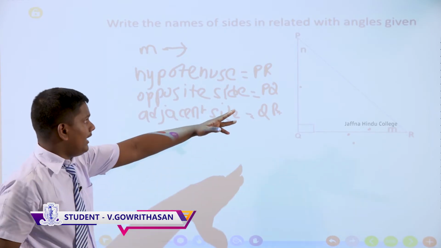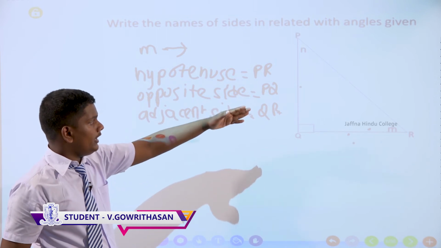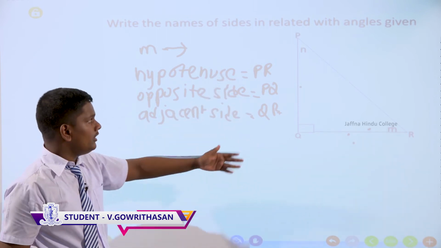Now take the angle N, then find the hypotenuse, adjacent and opposite side.